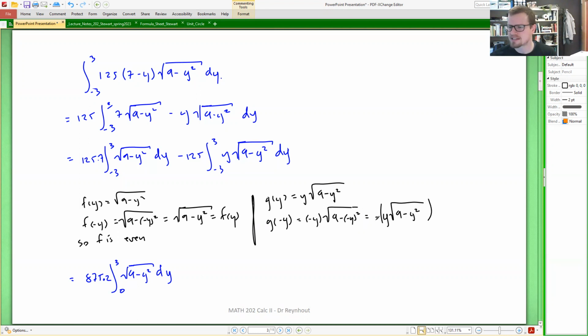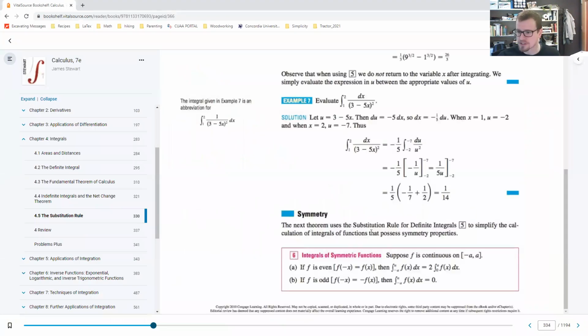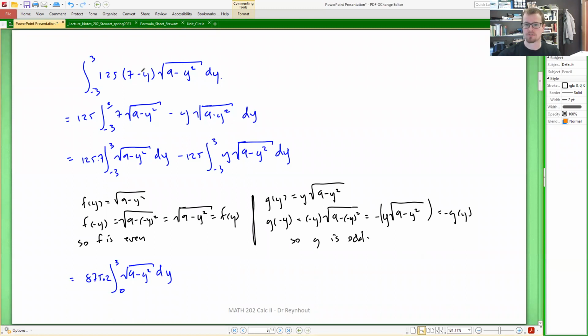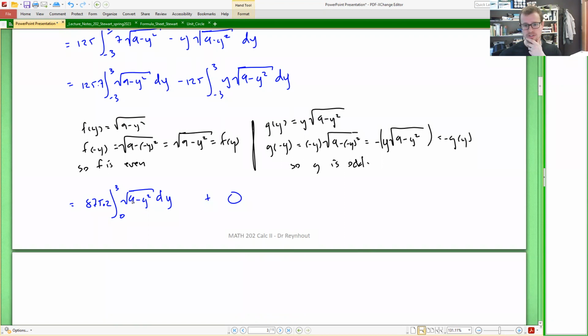But this is the negative of exactly g of y, which means g is odd. And since it's odd, when I integrate from -3 to +3, I get 0. So by distributing over the subtraction and grabbing onto this piece specifically, we have successfully removed part of the integral and simplified the thing that we need to evaluate. So now our integral looks a little bit more basic.